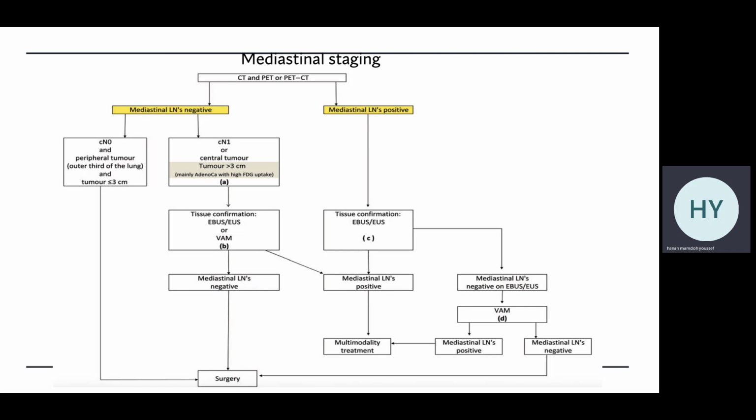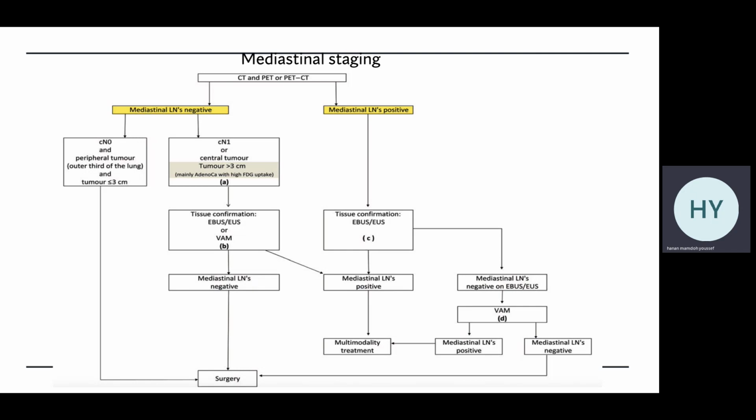If we find that N1 is enlarged or active, or the patient has a tumor more than 3 centimeters or a central tumor, then it is reasonable to go for tissue confirmation and make sure that N2 disease is not involved. And we're talking about N2 disease because it's an advanced stage of cancer where we can consider non-surgical options. So we go for EBUS or EUS depending on which lymph node station we are targeting, and then ascertain that the lymph nodes are negative, and then we can go to surgery.